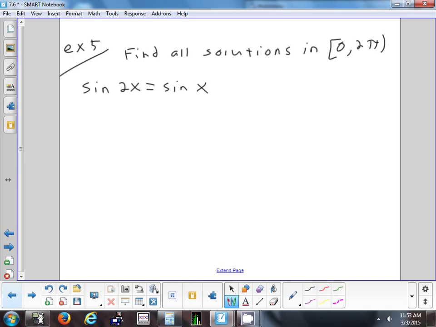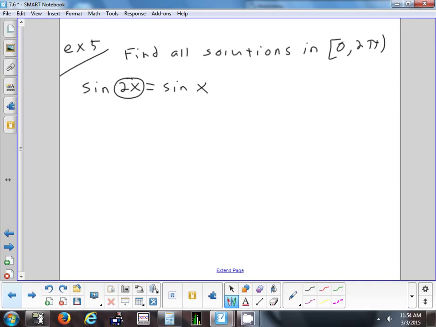Let's do this one. Okay, what's different this time is we have a double angle. Before we can start to factor or anything like that, you've got to get rid of the double angle. They both have the same trig function, but one has 2x, one has x. So we're trying to think of an identity we can use to change sine 2x.